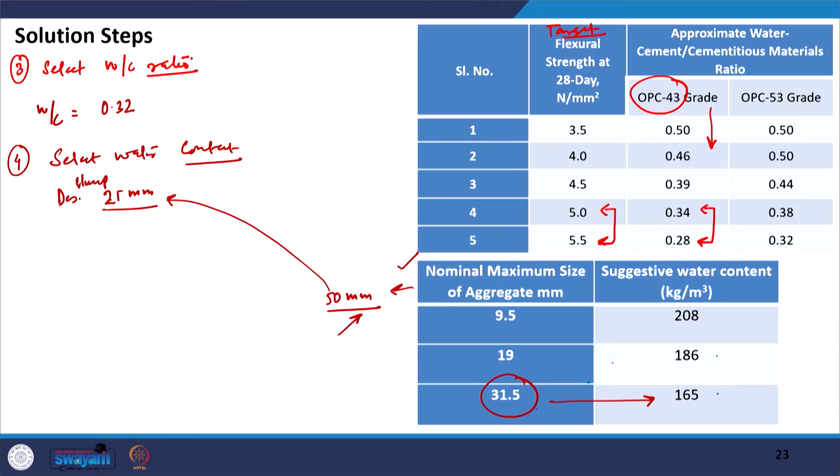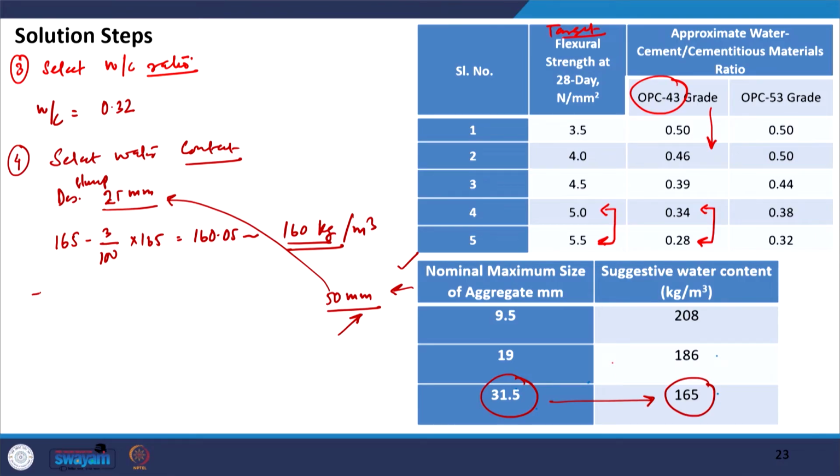So, we have to reduce the amount of water, this suggestive water, by 3%. So, if I just do the calculation, it is 165 minus 3 by 100 into 165. So, this becomes equal to 160.05, or let us say 160 kg. So, 160 kg per meter cube of water we will need after applying the slump correction.